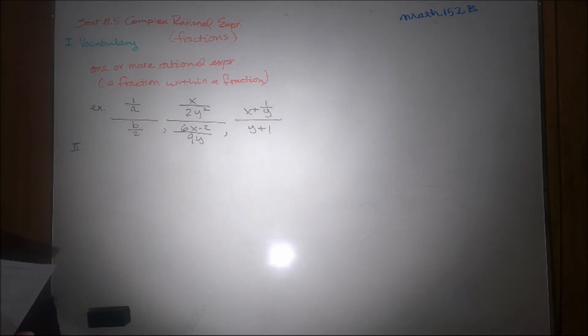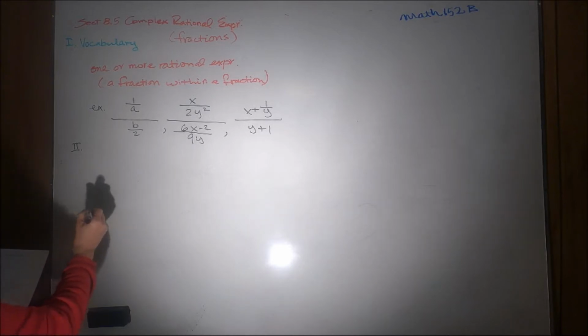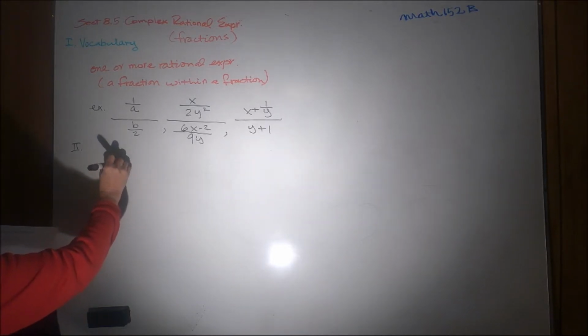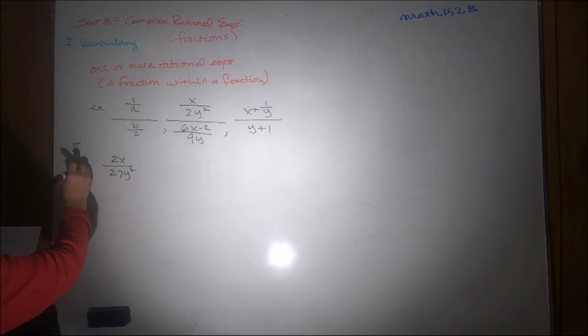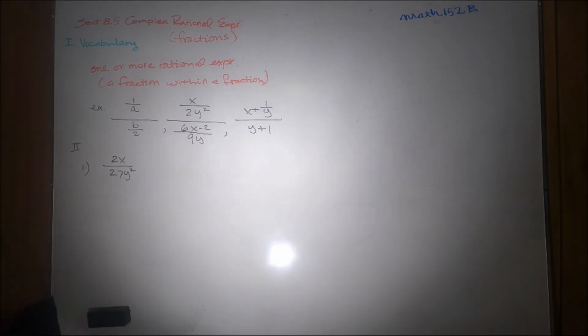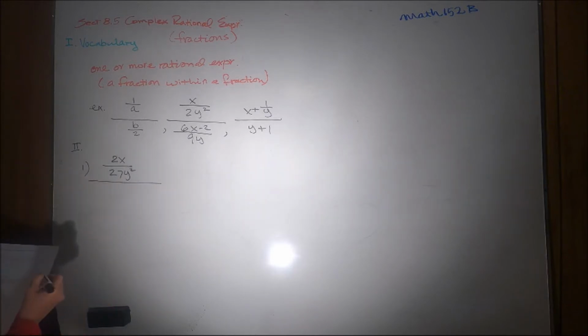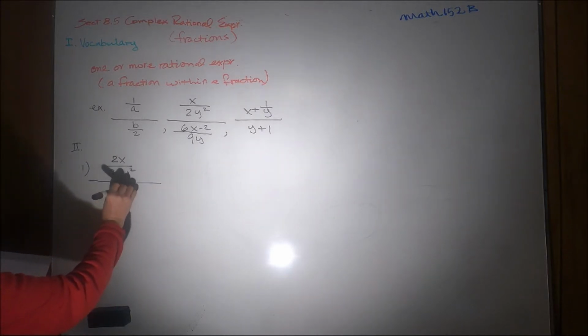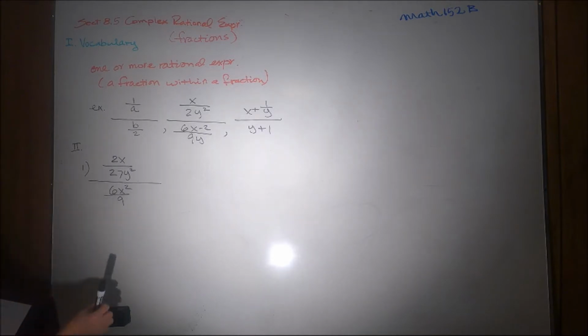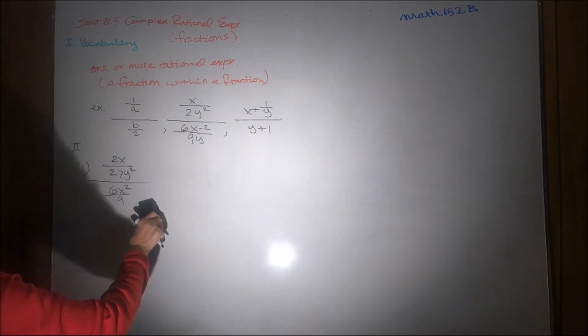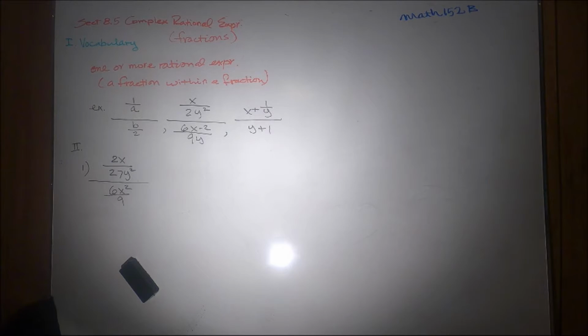Then if we have this one, say 2x over 27y squared, a rational expression, right? Over another rational expression. It looks very complicated. So we want to write it in its simplest form. It means what? Just a simple fraction.